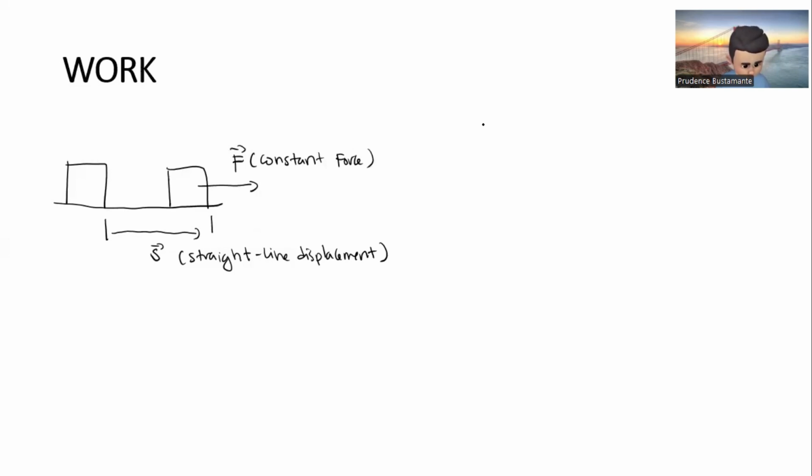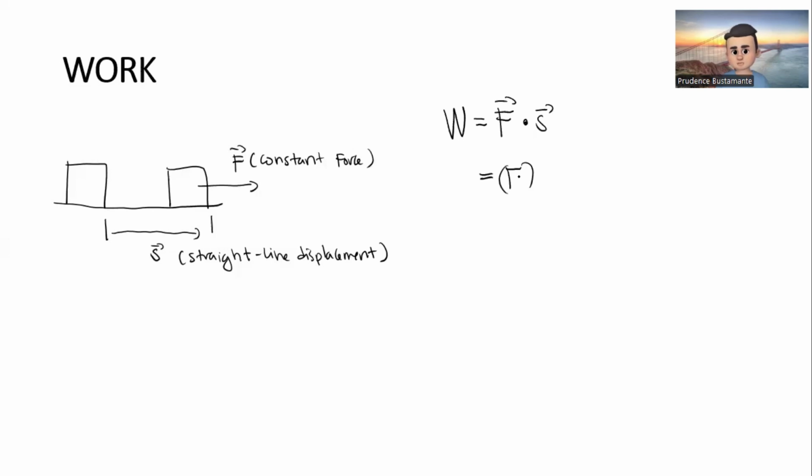The work done by the force on the particle is defined to be the scalar product of F and S. This is the work: W is just equal to the scalar product of the force times the displacement. In this particular case, since F and S are parallel, they have the same direction.